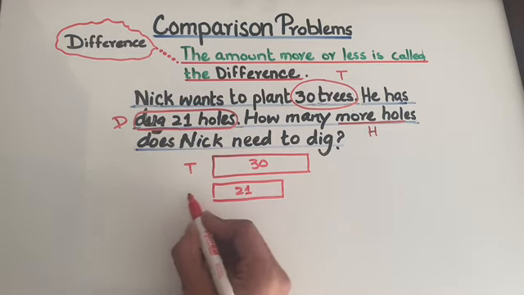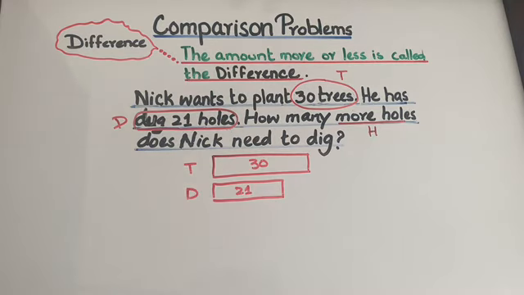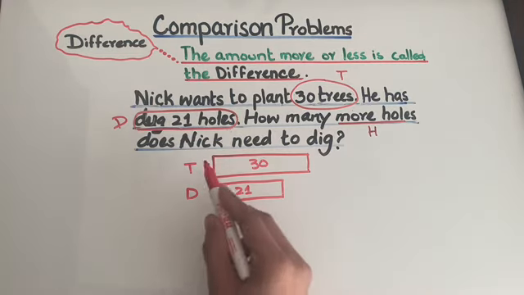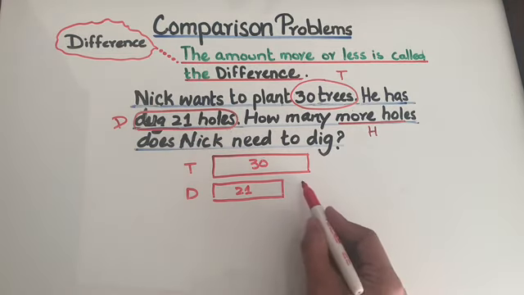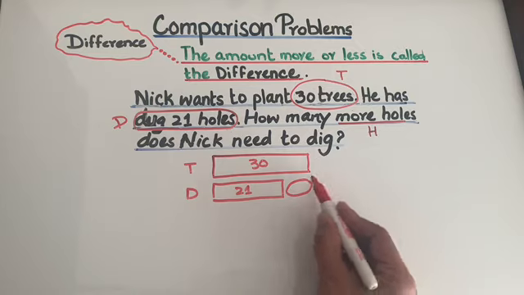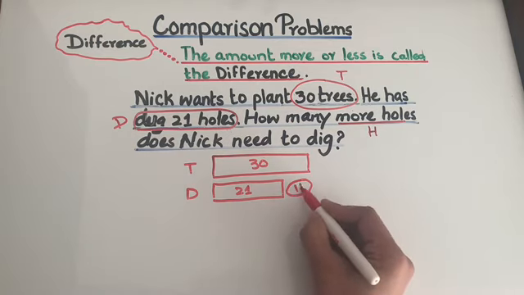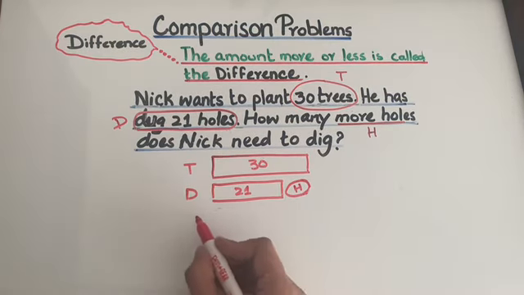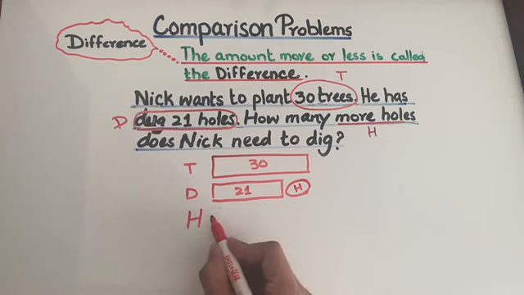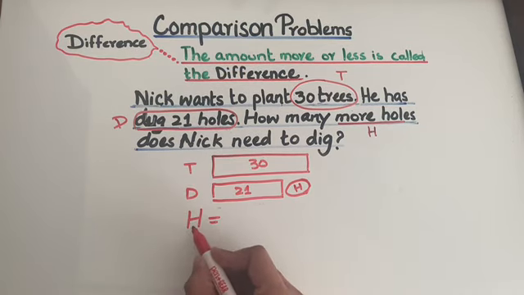What we need to find out is how many more holes Nick needs to dig. So we need this difference, how many more holes, and I'm going to use H for this. This H will be on the left side of the equation. We need to find more holes.